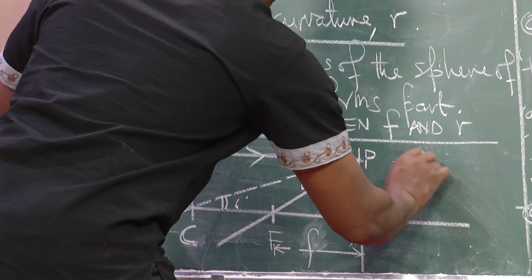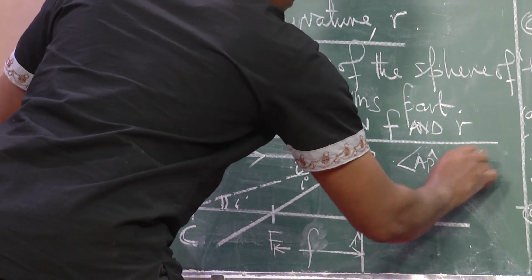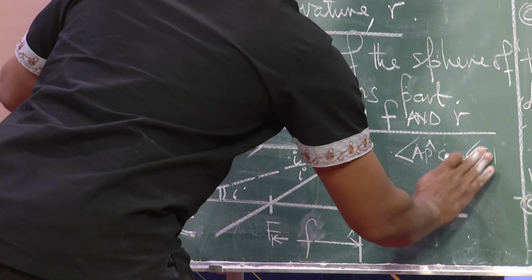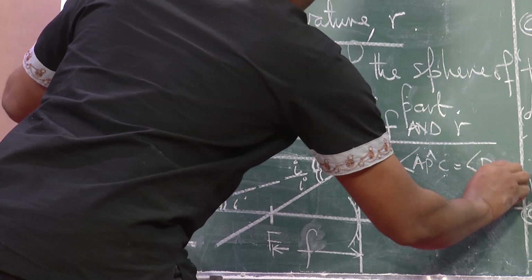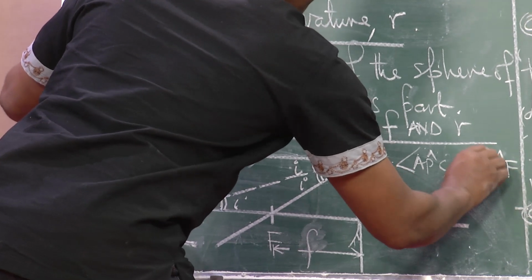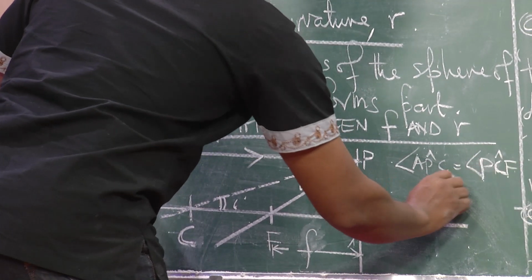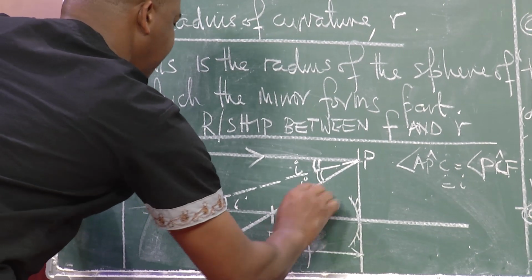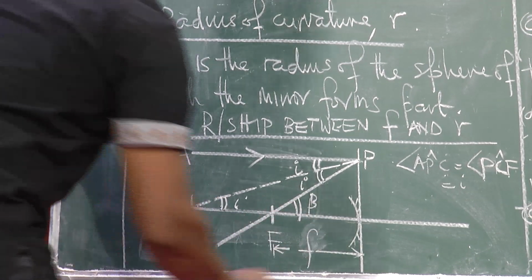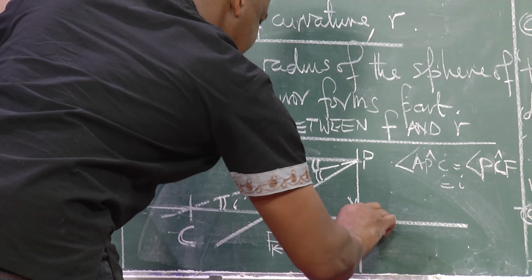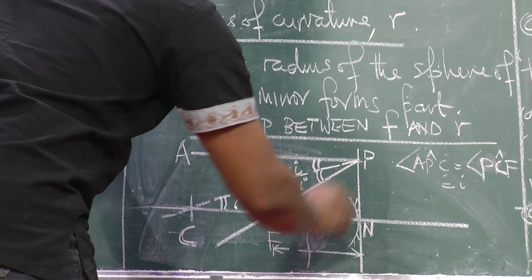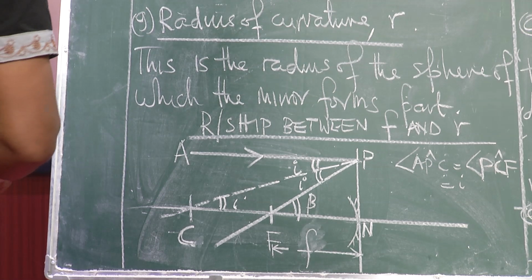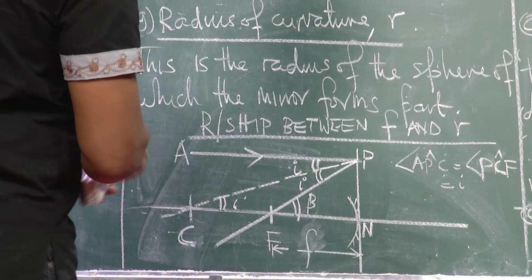Note that angle APC is equal to angle PCF. That is I, which is I. If we call this angle beta, and we refer to this point as N, then we are able to proceed and generate our expressions.